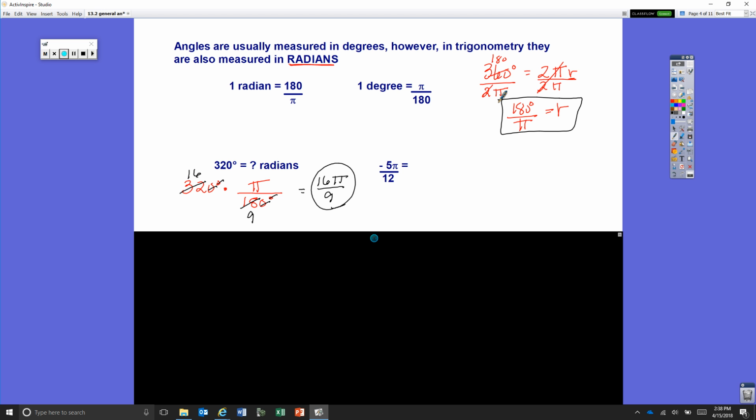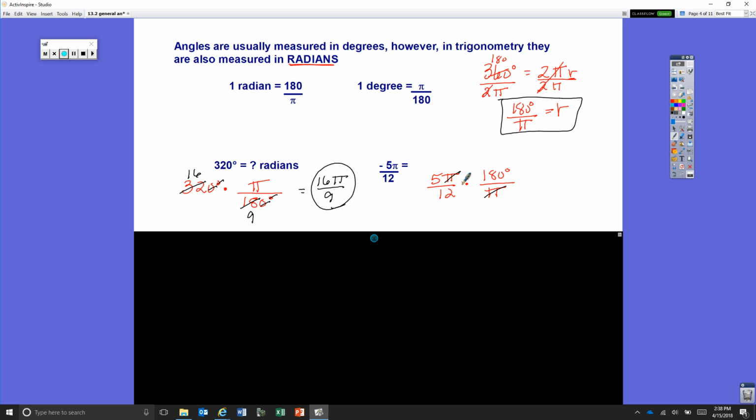So how about if you have negative 5 pi over 12? Well, the negative just means I went in the clockwise position. So I'm just going to take the 5 pi over 12. And I'm either going to multiply by 180 degrees over pi or pi over 180 degrees. Well, if I'm converting to degrees, I want my degrees in the numerator, and I want my pi in the denominator, so that the pi's will reduce.